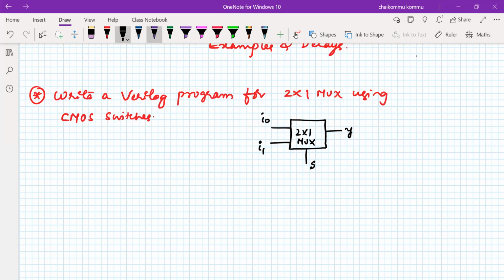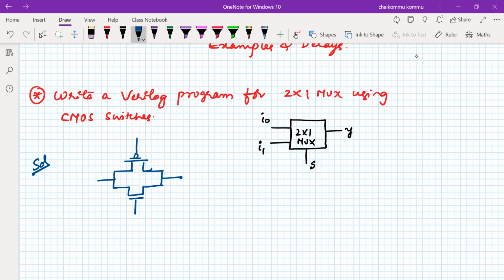What does the MOS switch look like? As we have seen in the previous class, it is a parallel combination of NMOS as well as PMOS. We consider a PMOS here, and parallelly we consider another transistor. Connect these two things here and here.